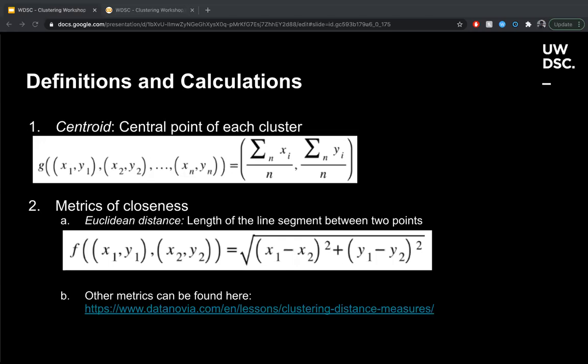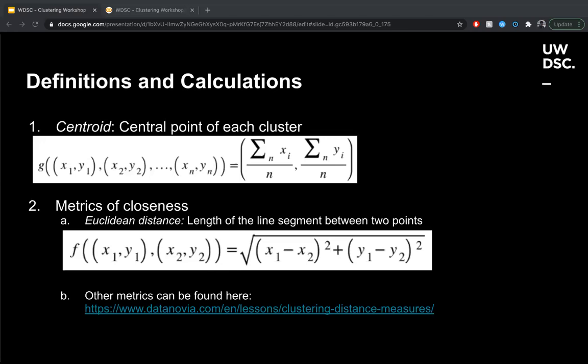And then, as I said before, there are many different metrics of closeness, such as the Euclidean distance, as I mentioned. If you're interested in other metrics, you can go to this link, but there's the squared Euclidean distance, the maximum distance, Manhattan distance.